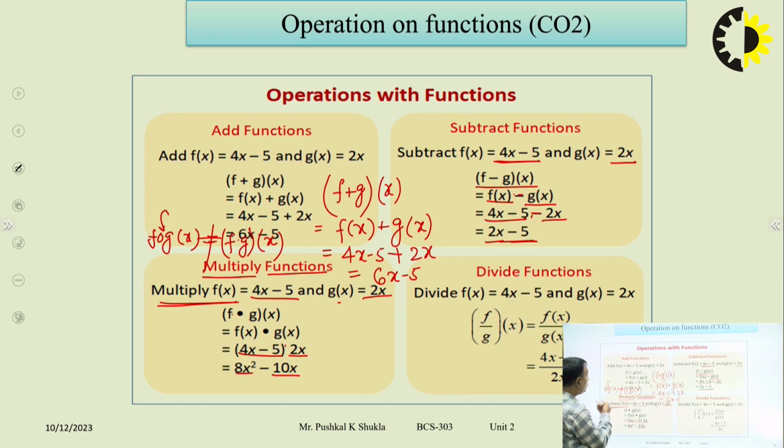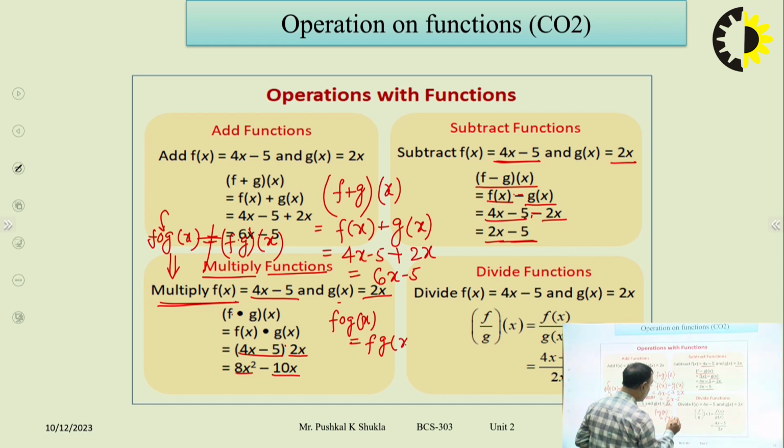Now the question is how to calculate (f o g)(x). So (f o g)(x) equal to f of g of x. g(x) is 2x, so write here f of 2x, and f(x) is 4x minus 5, so put this value in.